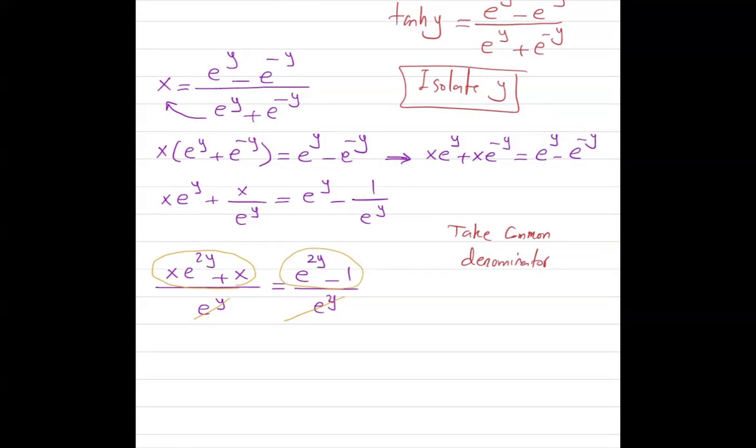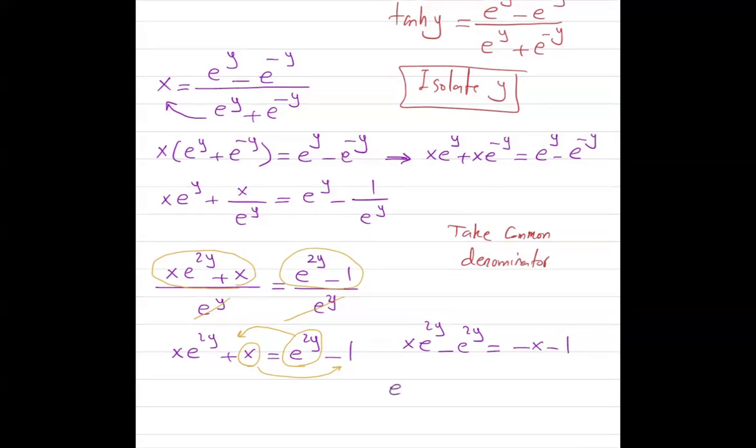So here you have x e to power 2y plus x equals to e to power 2y minus 1. I'm going to bring e to power 2y to the other side and bring x to the right-hand side. So I have x e to power 2y minus e to power 2y equals to minus x minus 1.